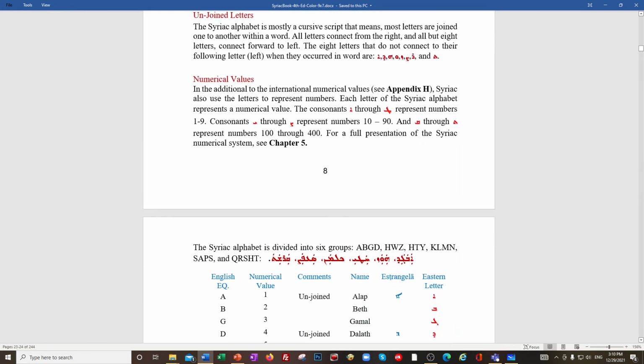Numeric values: we use the letters also to represent numeric values. You may look at Appendix H for the international numerals, the ones we use, such as number 8 here, why this number 8 looks like this, and who created those.